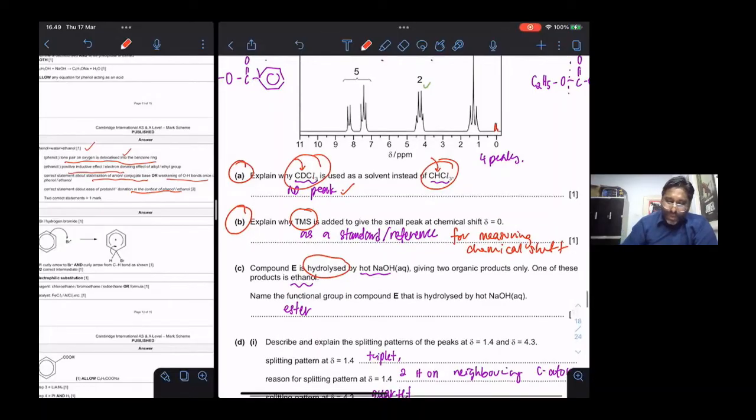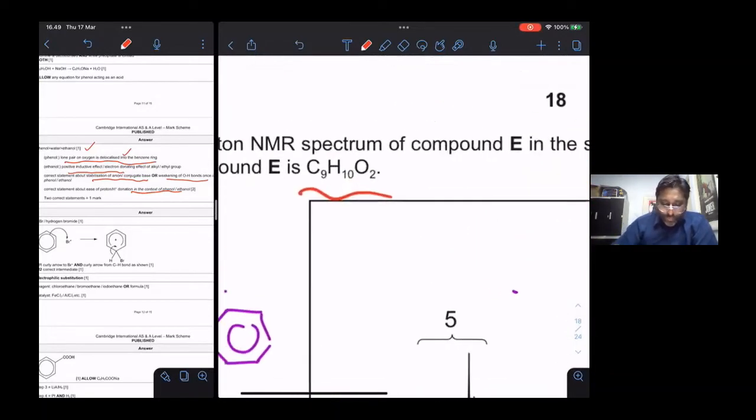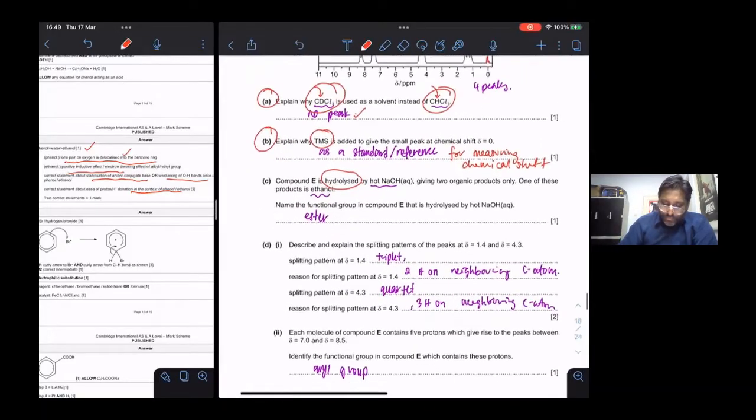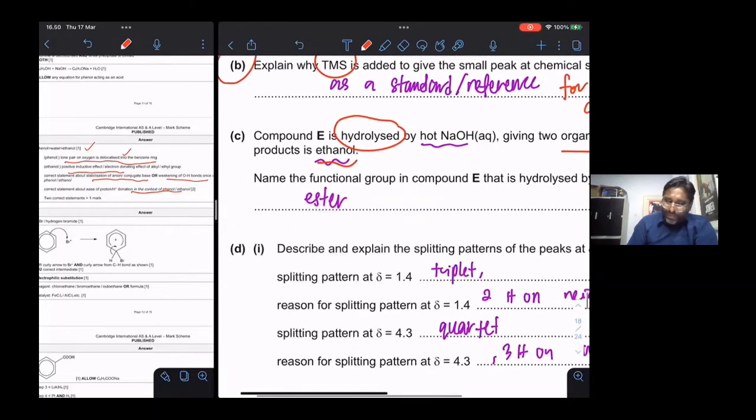Here I don't see any nitrogen, so most likely this is going to be an ester bond. So I know that when they say one of the two organic products is ethanol, then of course, if it is ethanol, I automatically know the other product is going to be a carboxylic acid. So automatically name the functional group.